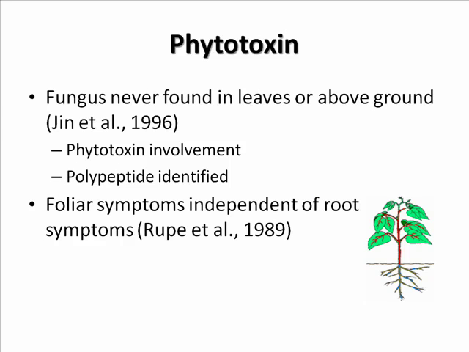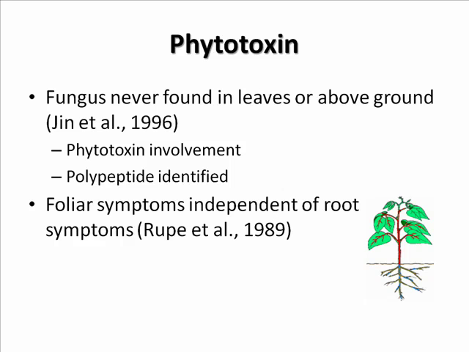Once the fungus has infected the soybean root, pathologists had a really hard time isolating the disease. This came from the discovery by Jin et al. in 1996 that a phytotoxin was being produced from basically the soil surface up. This phytotoxin was then causing the foliar symptoms of the disease.